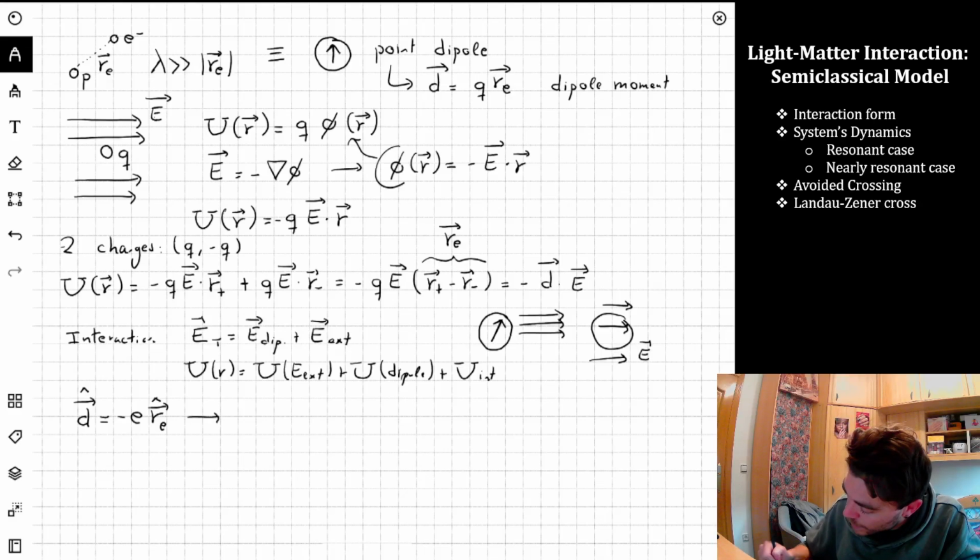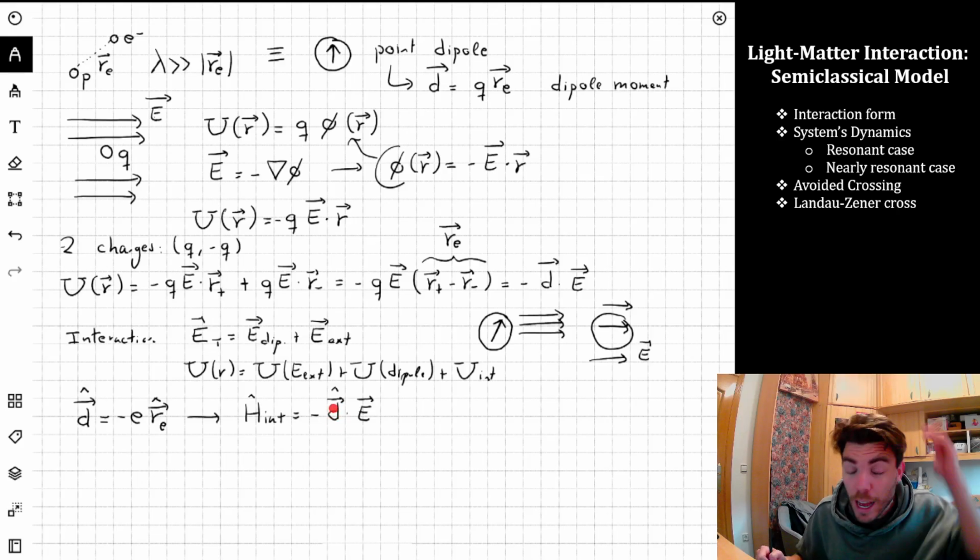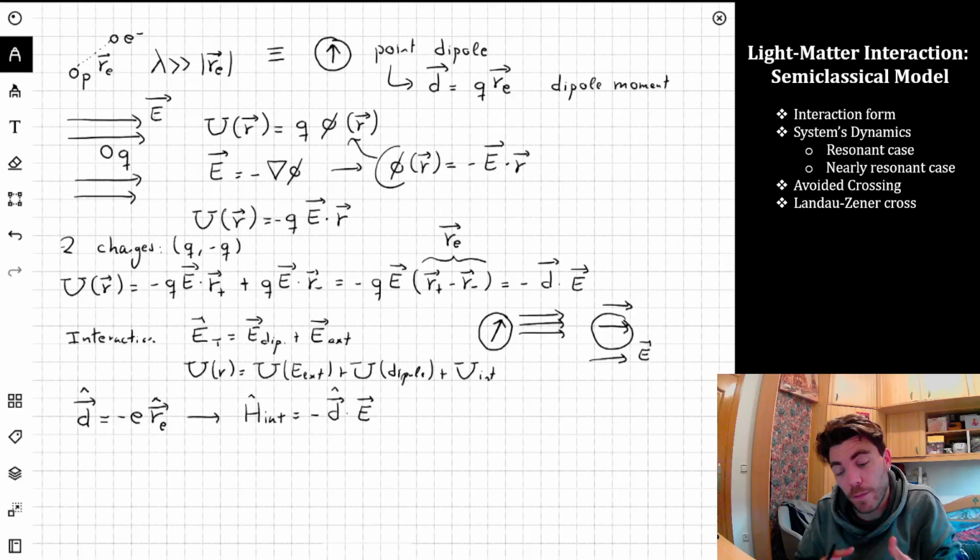But the idea is that the interaction energy, that now I'm going to write as an interaction Hamiltonian, is going to take the form minus d times E. And in this case, this electric field is again classical, and the only thing we are quantizing is the atomic dipole moment, because it's an atom and it's quantized.